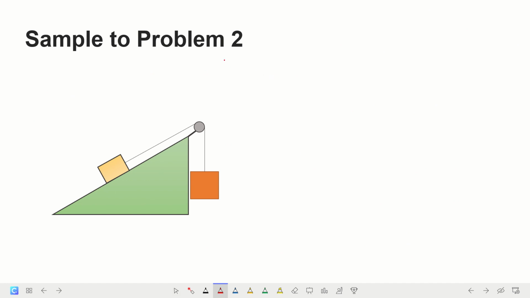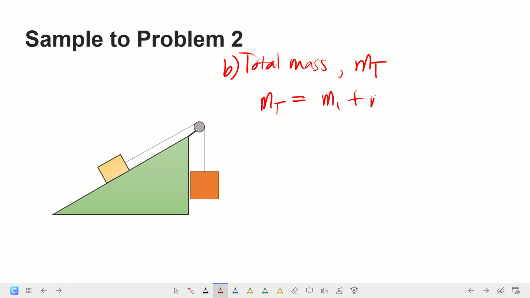So, letter B, we need to look for the total mass. Its symbol is MT. So our total mass is equal to mass 1 plus mass 2, and if there are other masses, mass 3 plus mass 4, and so on.